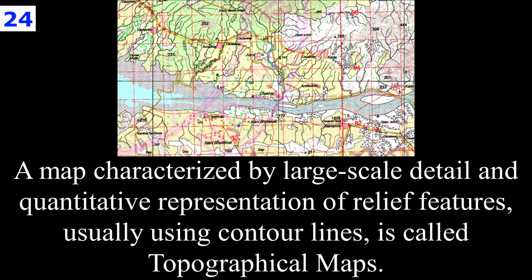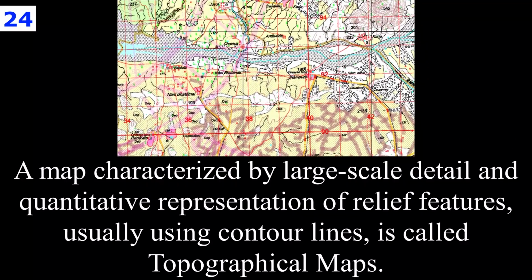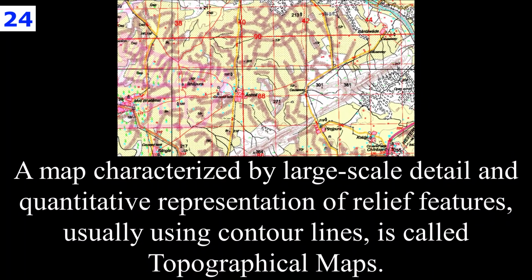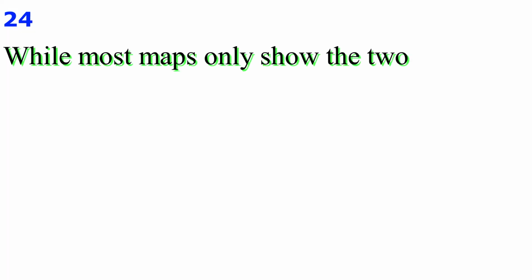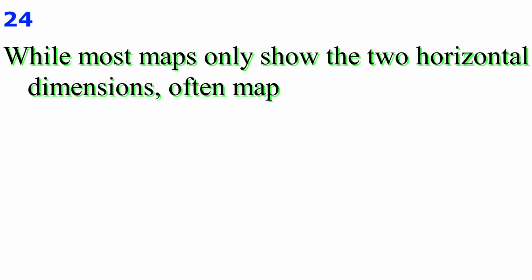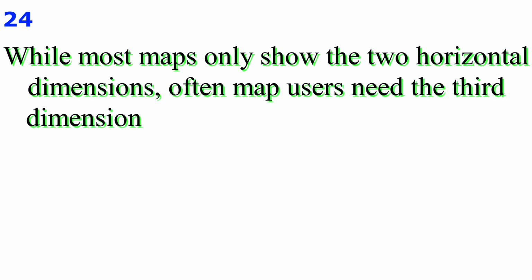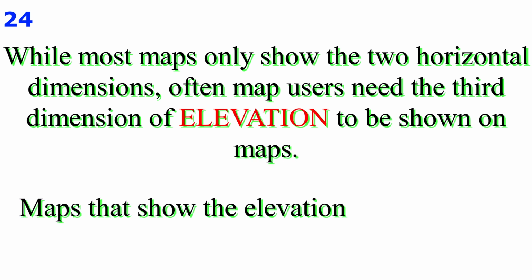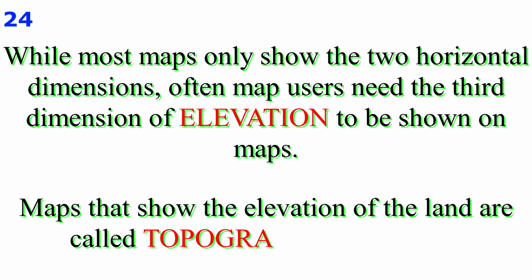Friend, a topographical map, commonly known as a topo map or a topo-sheet, is a very detailed, large-scale map. You know now, friend, what is a map? While most maps show only the two horizontal dimensions, often, map users want the third dimension of elevation to be shown on maps.